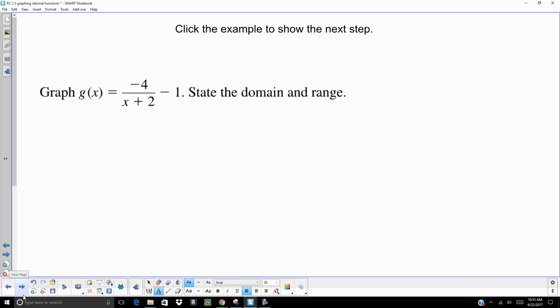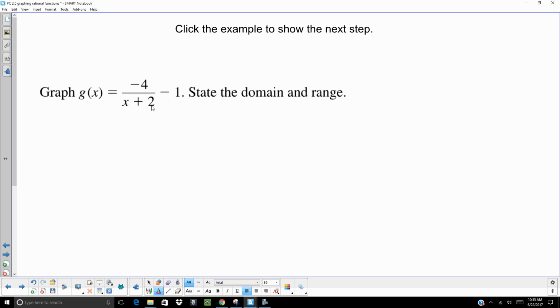Let's go ahead and get one done. So we've got g of x equals -4 over x plus 2, minus 1. Well, that negative sign right away tells me I'm probably going to have a reflection. The plus 2 is the same as x minus -2.